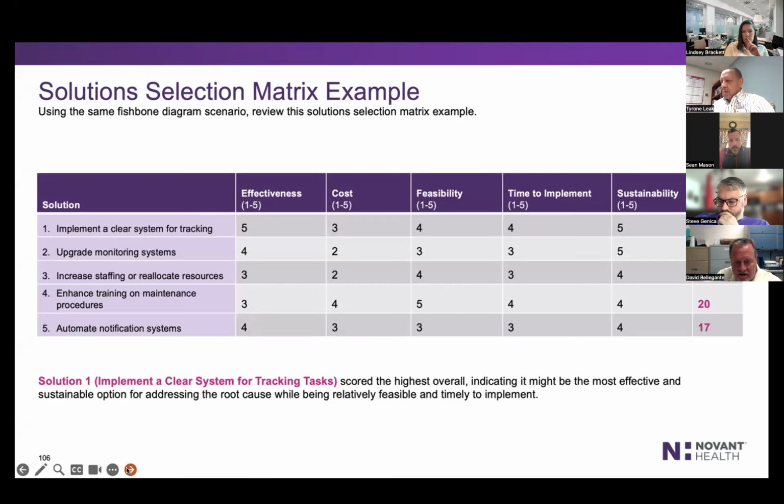Upgrade monitoring systems scored the highest overall, indicating it might be the most effective and sustainable option for addressing the root cause while being relatively feasible and timely to implement. So this is just a way to prioritize with this tool.